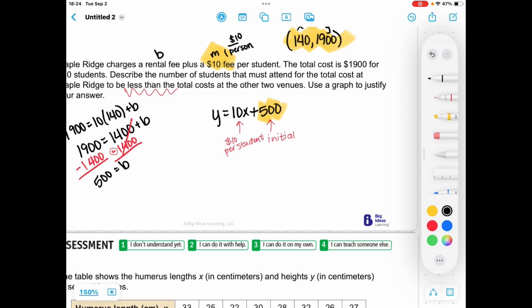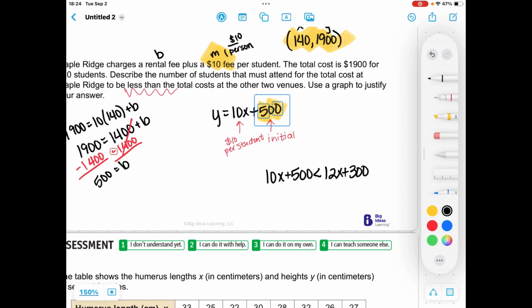Y equals 10x plus 500 to be less than 12x plus 300. They do intersect eventually, but I need 10x plus 500 to be less than the second equation of that, 12x plus 300.